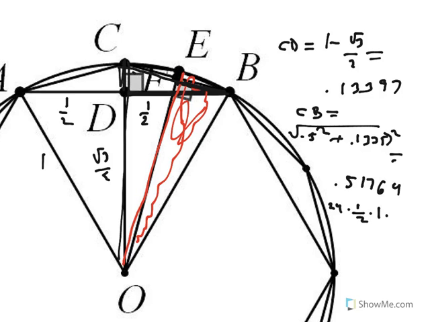That's going to be half of the 0.51764, which is 0.25882. And when I multiply all that together, I get 3.1058.